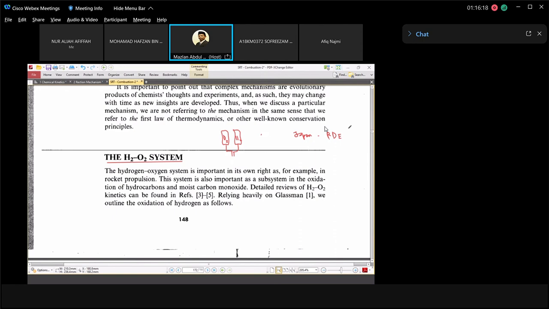RDE, the rotating detonation engine, is one of the advanced systems which they predict will become a major propulsion system in the future. It is very efficient, using detonation mode rather than deflagration mode.